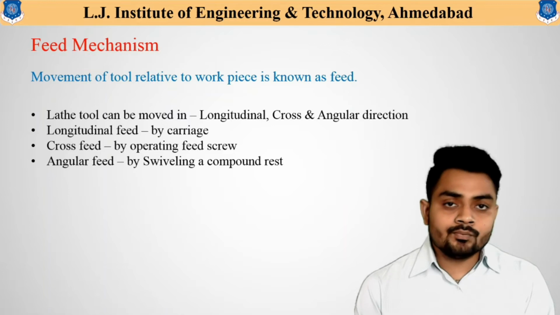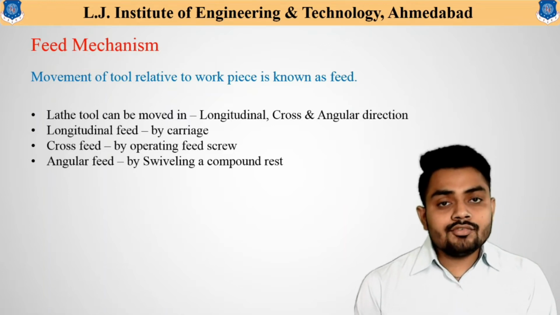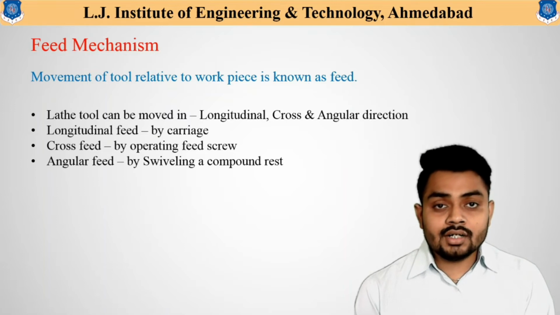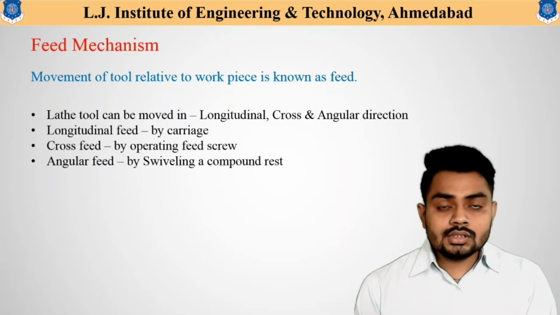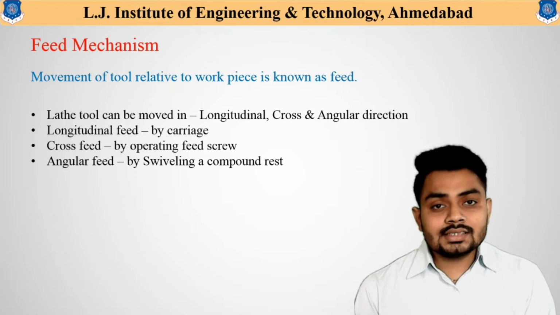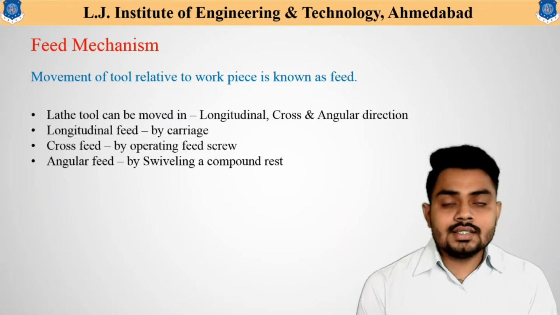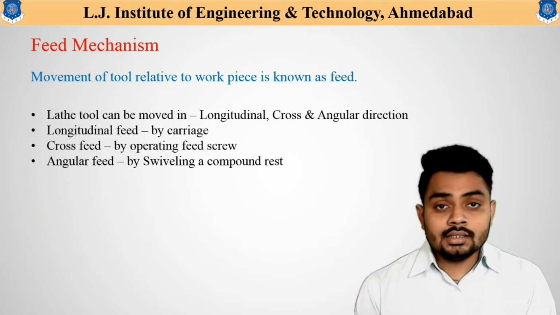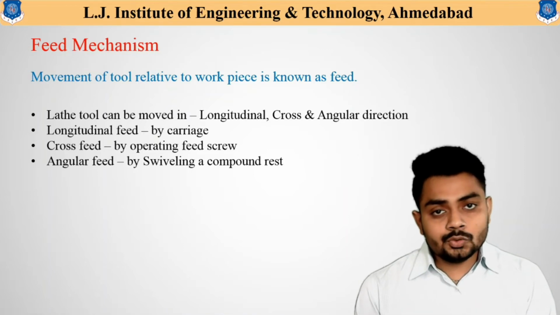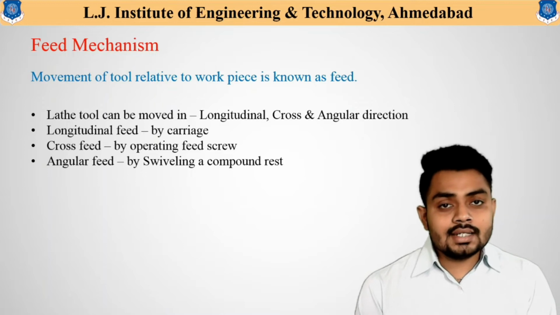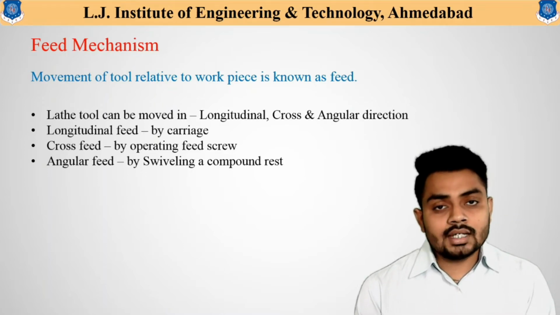All these different movements can also be obtained automatically by using different mechanisms, because in our previous lectures we discussed that these movements are given to the tool by using different types of wheels or by using the hand. But all these movements can be given automatically to the tool also by using different types of mechanisms, and all these mechanisms are nothing but the feed mechanisms.